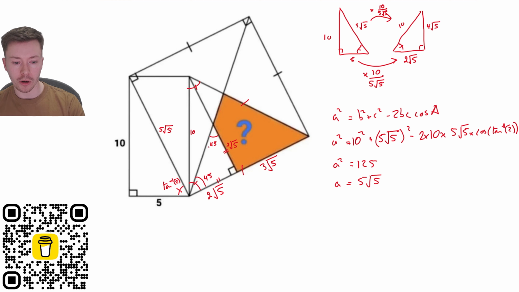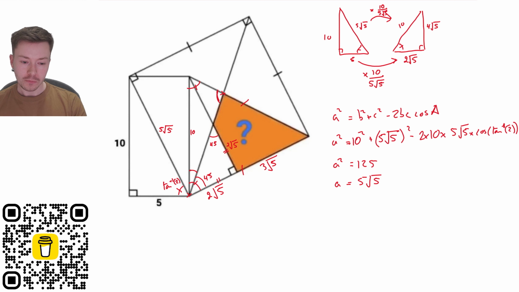I'm going to work out the length of this side here, going from here to here. Now I'm going to do that because this angle here is going to be inverse tan of 2 take away 45. This angle is inverse tan of 2, and so this angle up here must be 180 take away inverse tan of 2, take away inverse tan of 2 minus 45 down here.